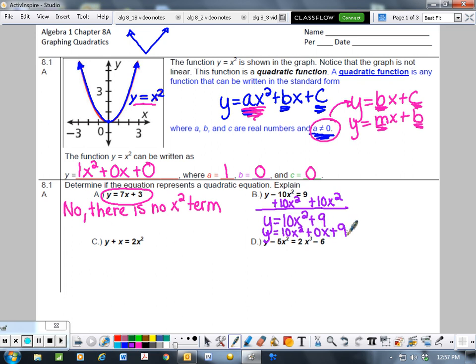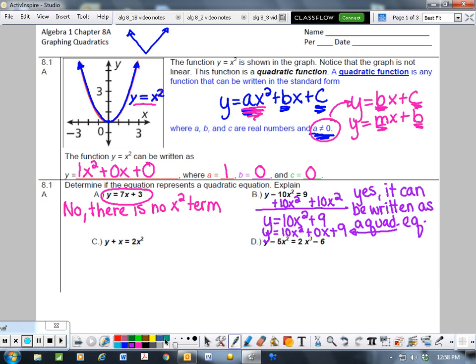And now we have it written in that quadratic form. It's written as a quadratic equation. It fits perfectly. So we can say, yes, it can be written as a quadratic equation. And we just proved that right here.